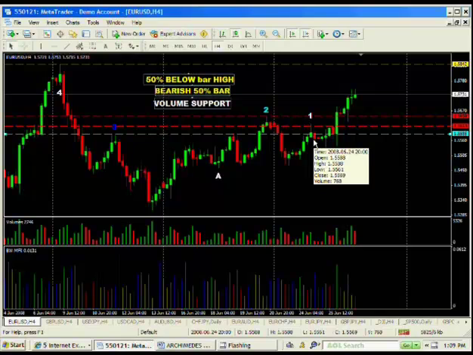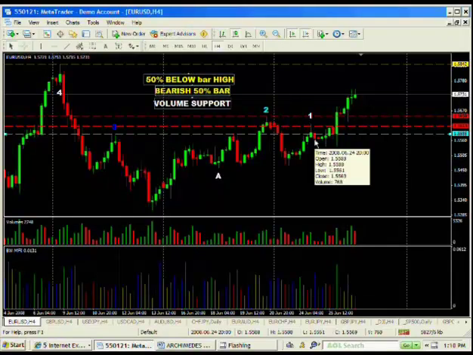If it's going to close down, the force of gravity should be greater. So what's to hold it down? This is a hint that the operators are accumulating long positions here, because this is a strong bar. This bar signifies strength by virtue of our volume and pattern rules.